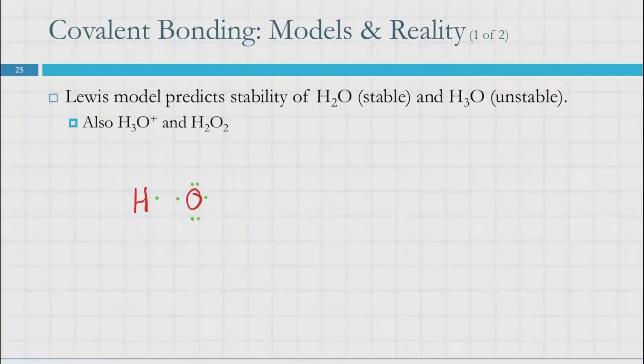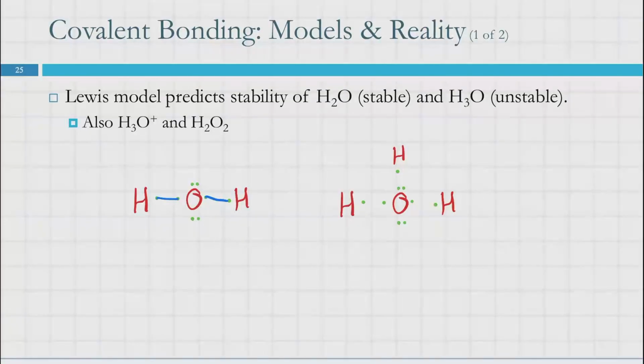You don't have to necessarily write this down. So if we've got H2O, it would look like this. I'm going to copy this and duplicate it for adding another one. So H3O over here, unstable, H2O here, stable, because we can form these bonds.